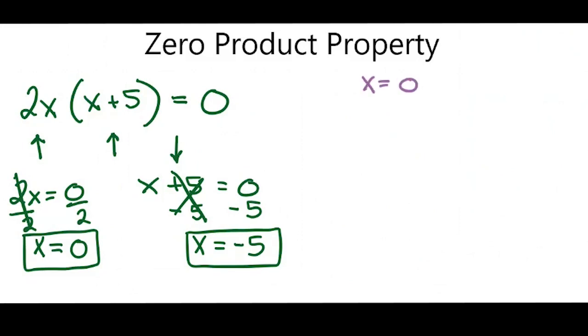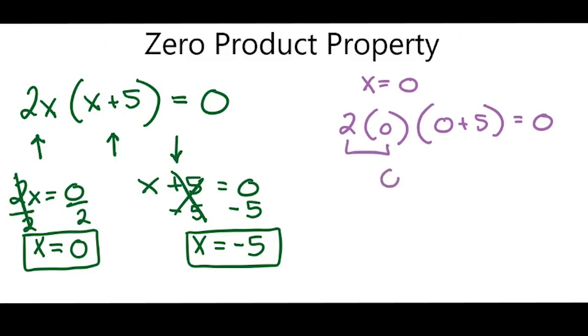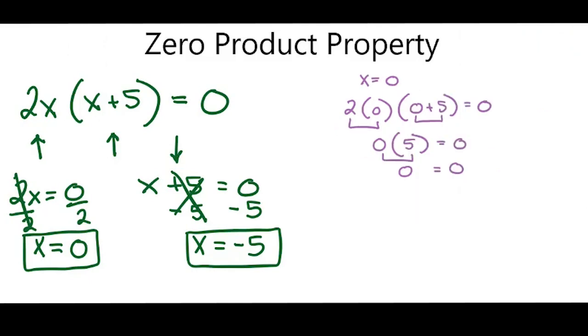So I'll plug that in to the original equation. So it's 2 times 0 times (0 plus 5) equals 0. Well, 2 times 0 is 0, times 0 plus 5 is 5, equals 0. 0 times 5 is 0. So 0 equals 0. Let's try x equals -5.